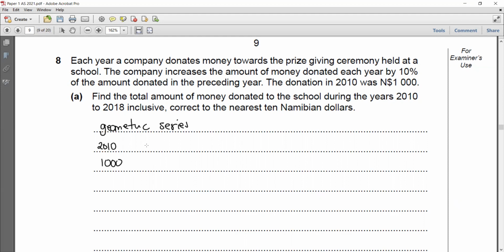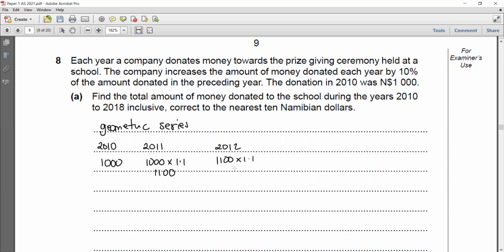Then in 2011, to find out how much they get, I just say 1,000 times 1.1 or 110% of this, and this will give me 1,100. Then in 2012, I take this 1,100 and multiply it by 1.1.